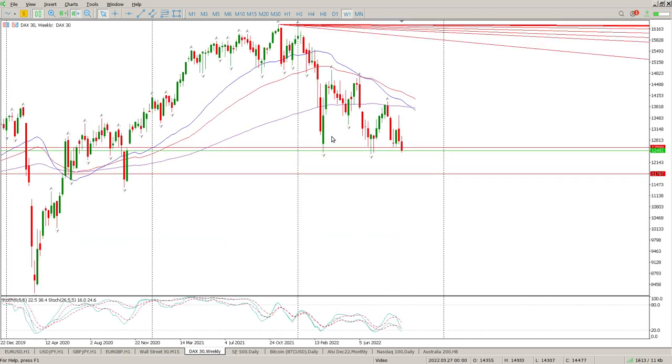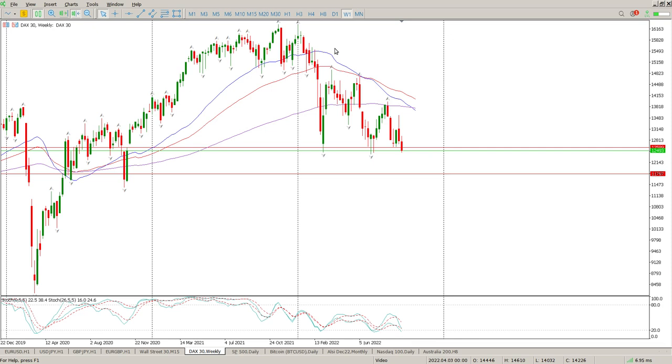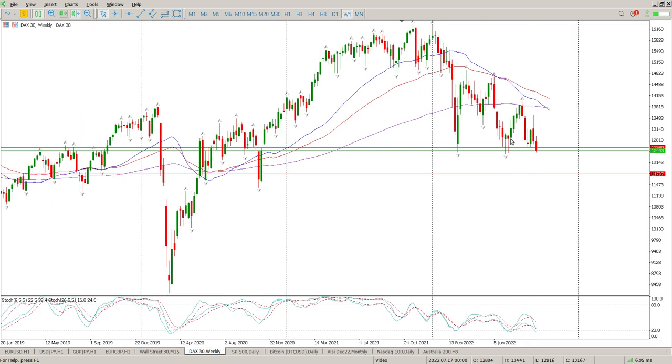One thing I do want to point out on the weekly here: we had a weekly support level here. So what I want to do is just put in the swing low here.